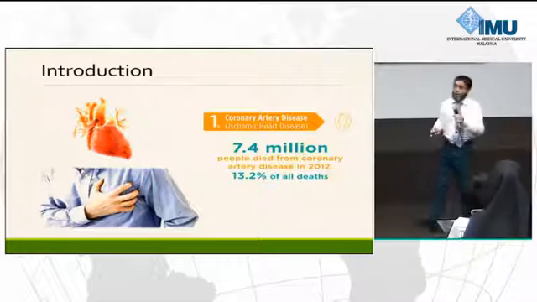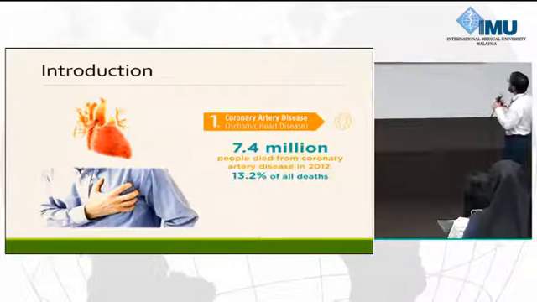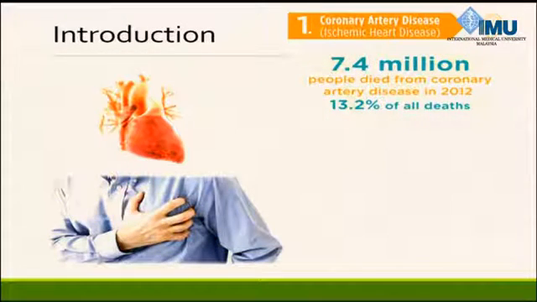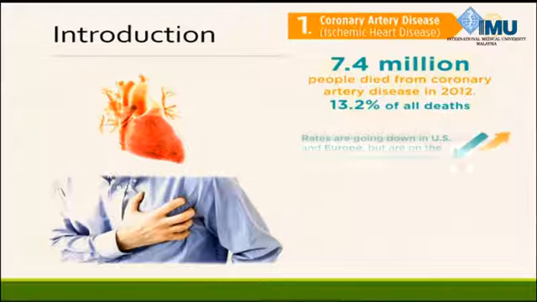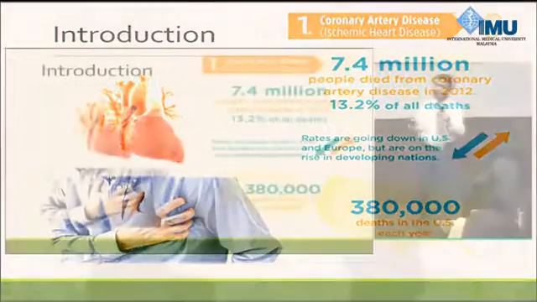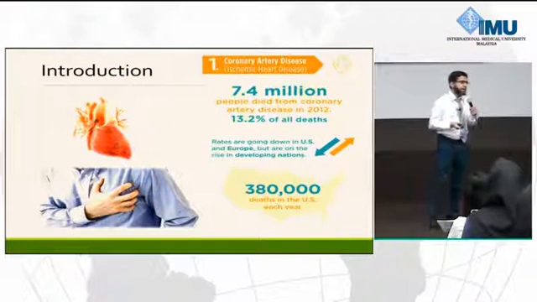Okay? However, the incidence in the US is now going down, and in the UK, but in developing countries, the incidence is on the rise. Okay? There are several factors which are responsible, which is not the scope of our discussion today.